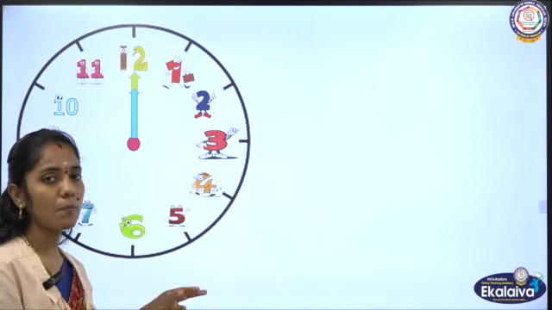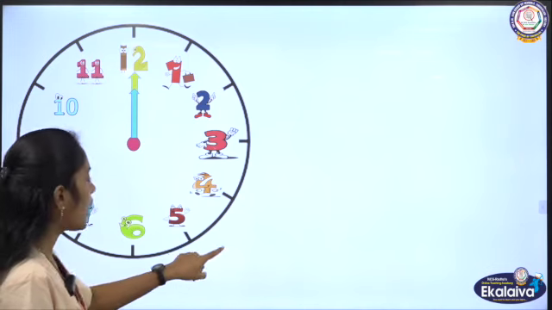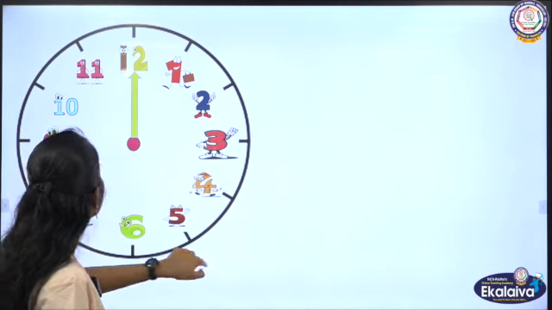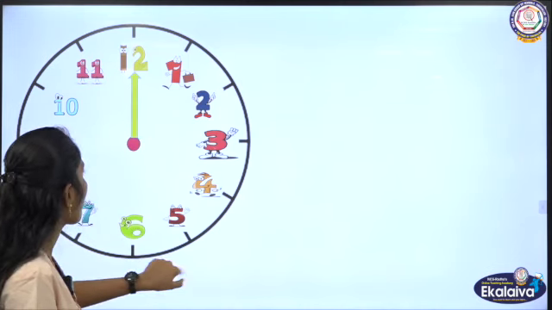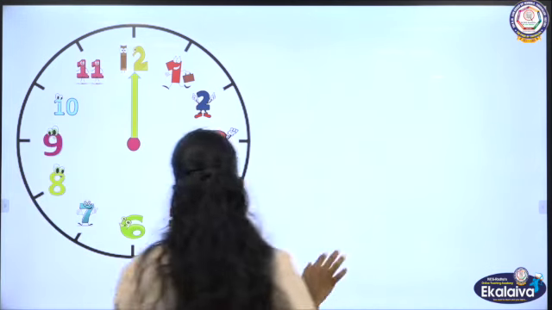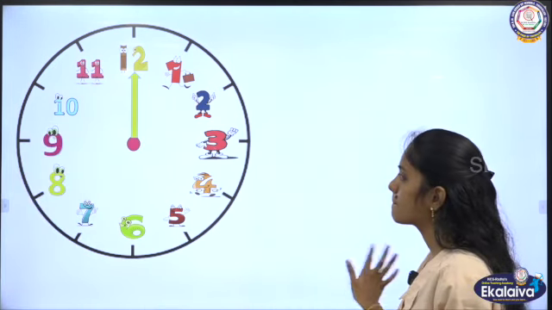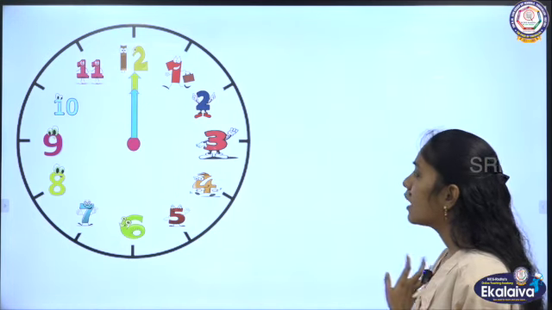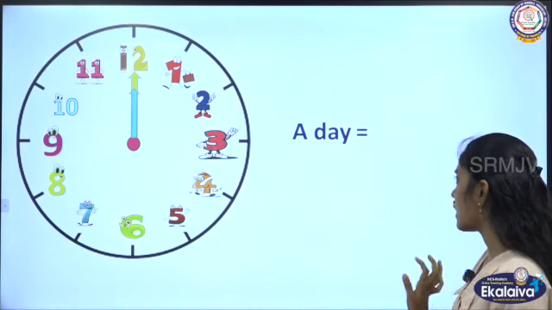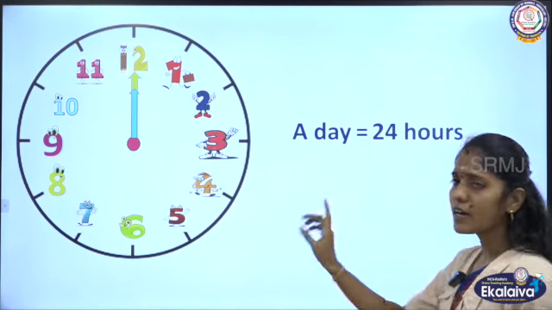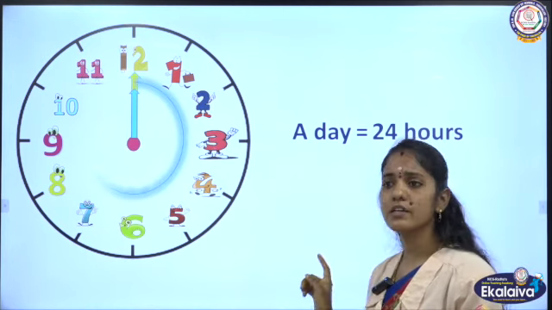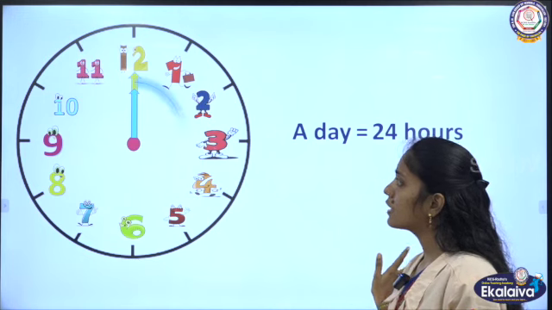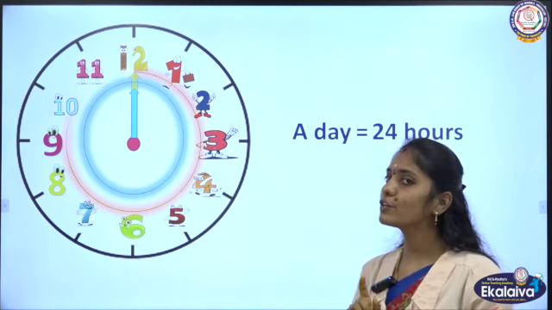Now we will see about the hour hand. The hour hand moves slowly. A day has 24 hours. The hour hand completes one round in 12 hours. It takes 2 rounds to complete 24 hours.